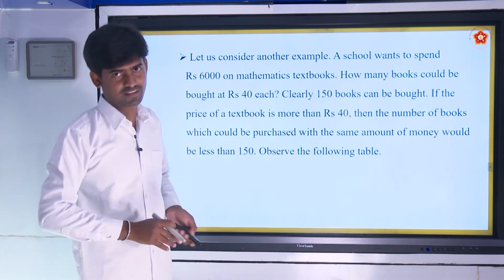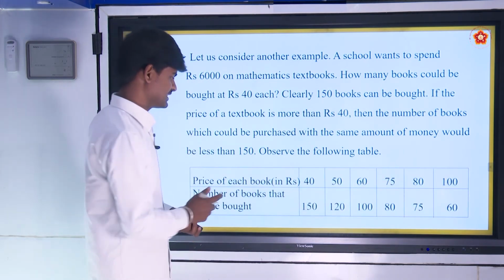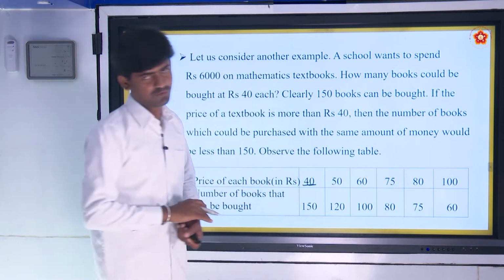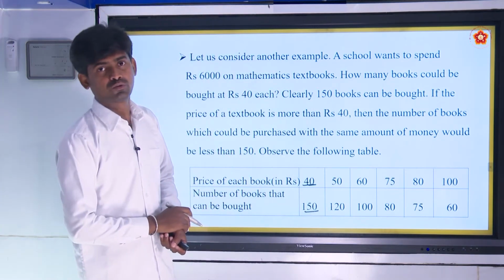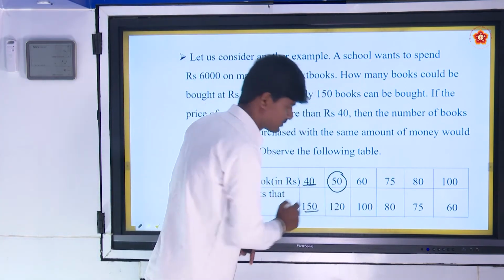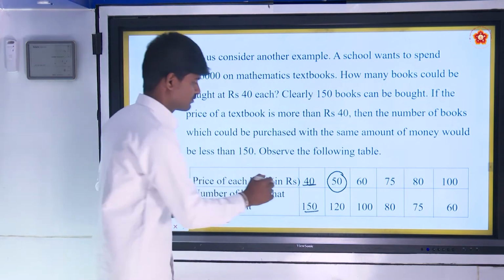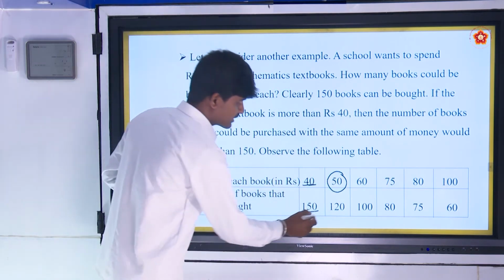Here is a table to understand that concept. Price of each book: for rupees 40, I can purchase 150 books. If the price is higher, suppose 50, I can buy 120.